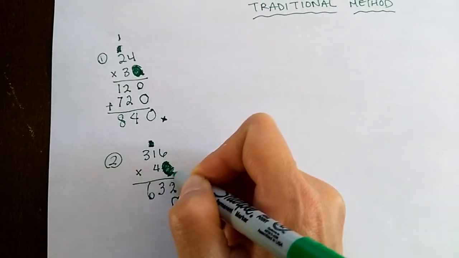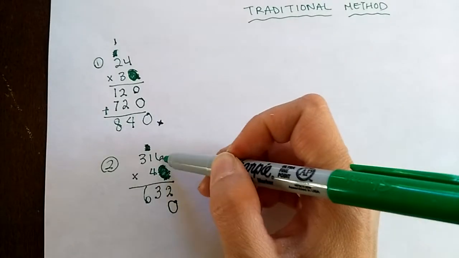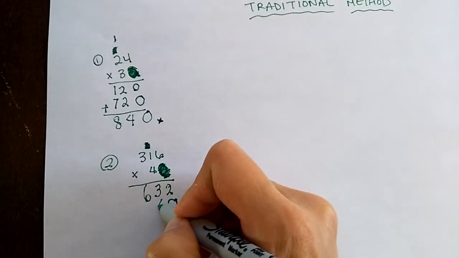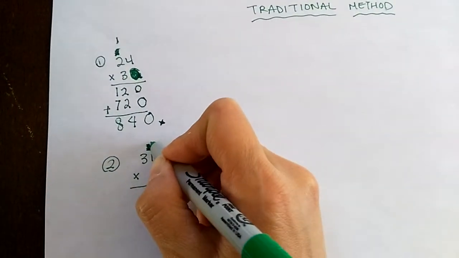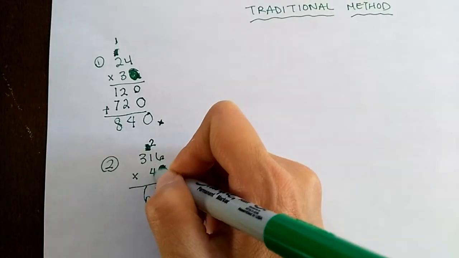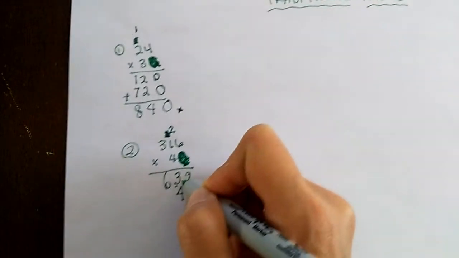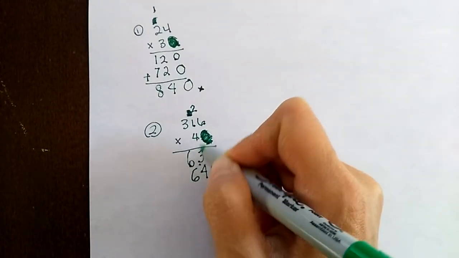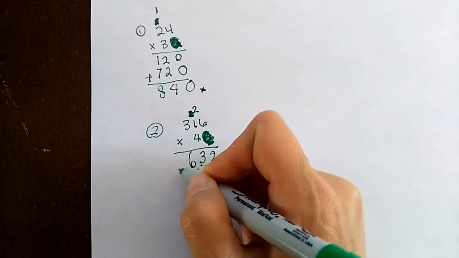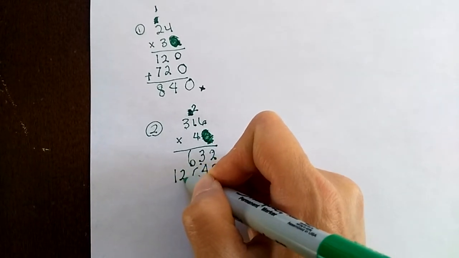And I cross it out and I don't have to think about it anymore. 4 times 6 is 24. 4 times 1 is 4, plus 2 more is 6. 4 times 3 is 12.